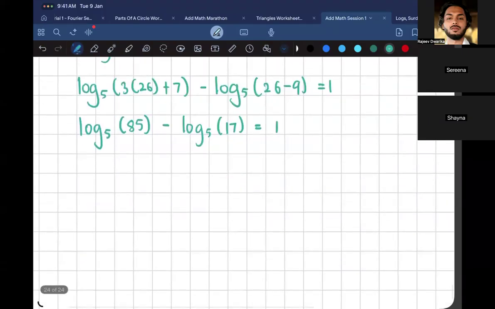Now, guys, if we use the rules for logs, a minus in two logs, I would apply the quotient rule. Sheena, tell me, what would I write over here?